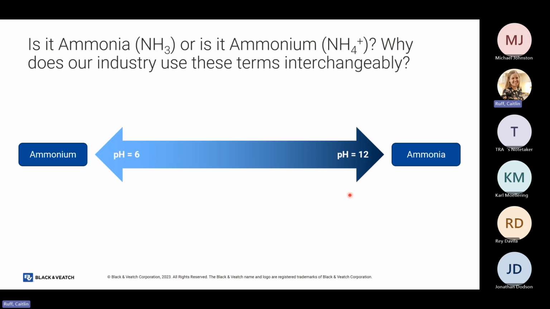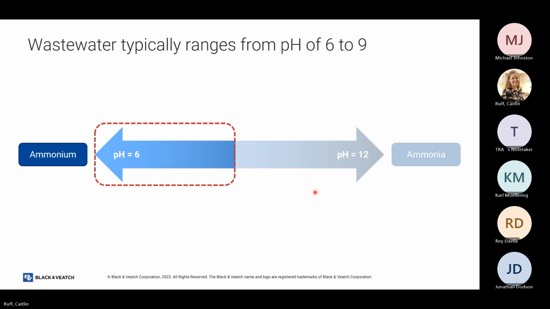In more basic solutions, we're favoring the gaseous form, ammonia. Wastewater, however, typically ranges from about 6 to 9, so typically what we're actually seeing in our wastewater is ammonium, in the ionic form.